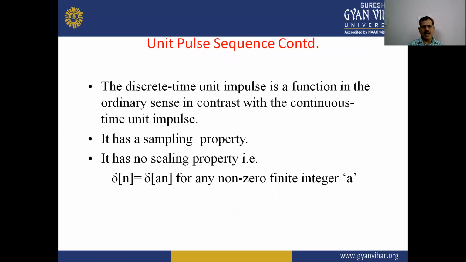The discrete time unit impulse is a function in the ordinary sense, in contrast with the continuous time unit impulse. It has a sampling property, and it has no scaling property. For example, delta[n] equal to delta[a n] for any non-zero finite integer a.